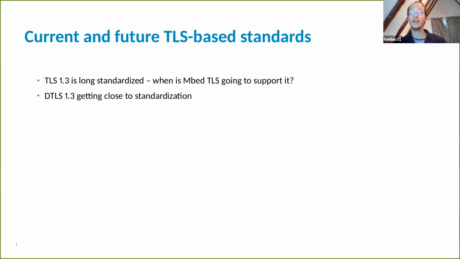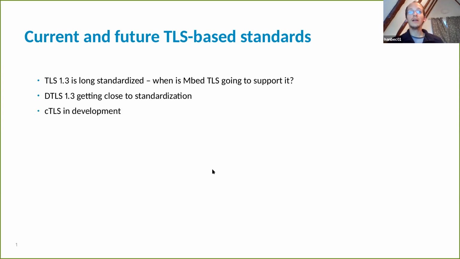We have draft 39, I think, published today. And Hannes, correct me if I'm wrong, but I don't think there are any major changes to be expected anymore. But it's a massive change in how it works from earlier versions of TLS and DTLS. For example, the retransmission state machine is completely different in 1.3.